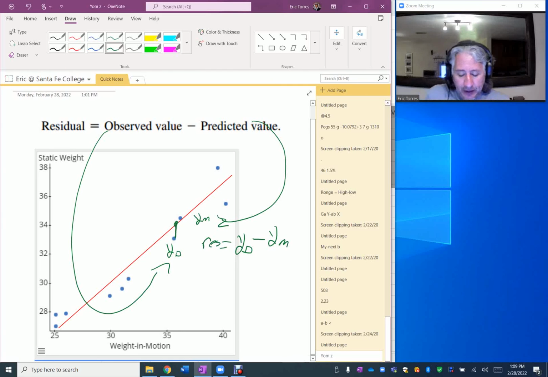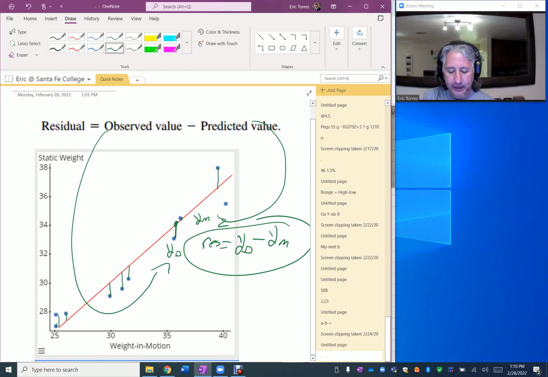Okay, so what a computer program does when it's doing linear regression is try to get these residuals to have the minimum total value between all of them. Now it's slightly more complicated than that. We're looking at all these residuals, the distance straight up and down from my points observed to the line, which is my model, the predicted.